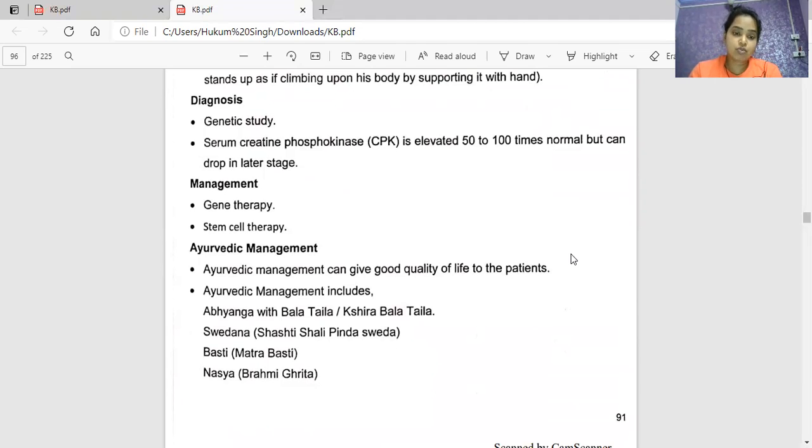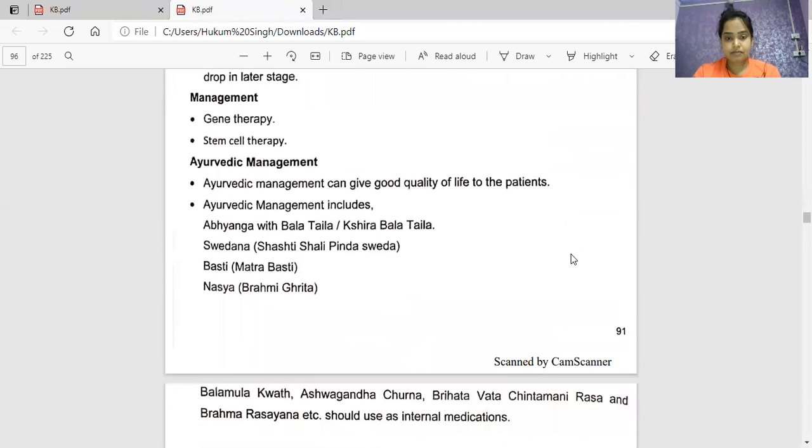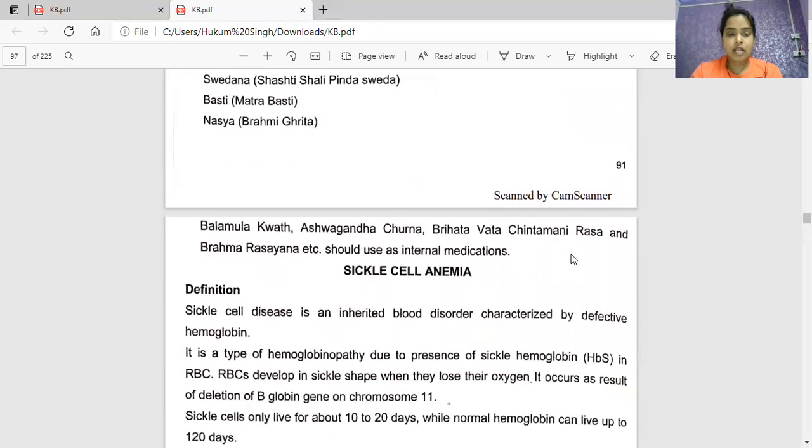Ayurvedic management includes Abhyanga with Bala Tel and Shir Bala Tel, Swedan, Shashti Shalik and Pind Swedan, Basti, Matra Basti, and Nasya with Brahmi Ghrita. Bala Mool Kwath, Ashwagandha Churna, Vrihat Vat Chintamani Ras, and Brahma Rasayan, etc. should be used as internal medications.